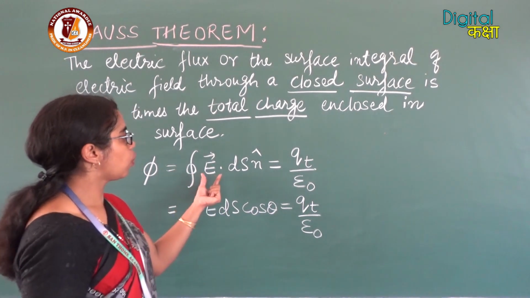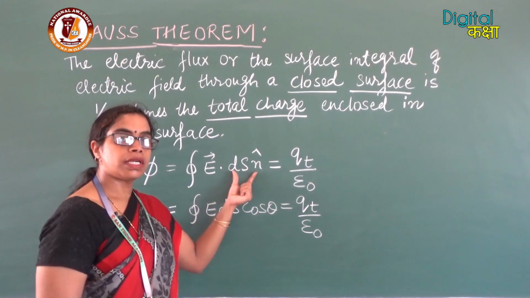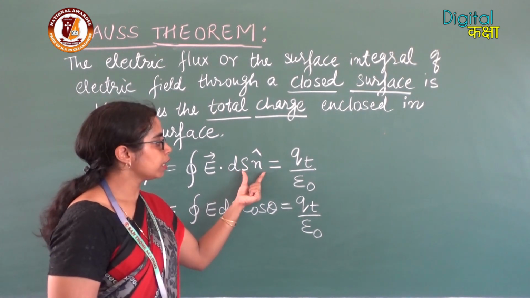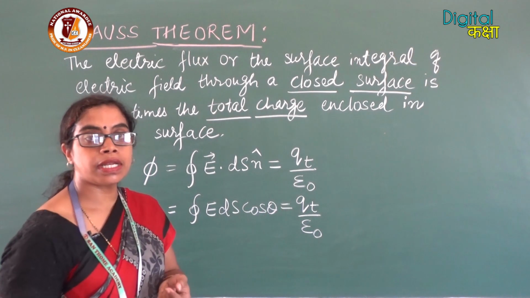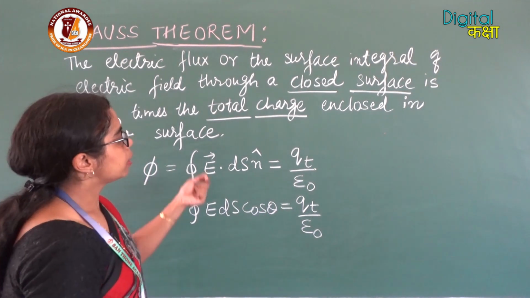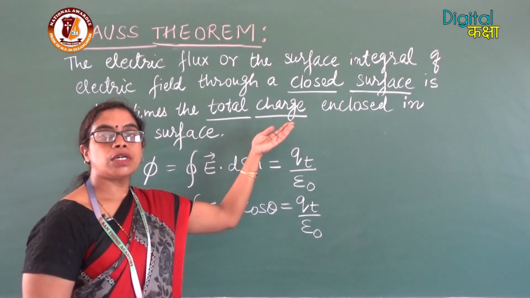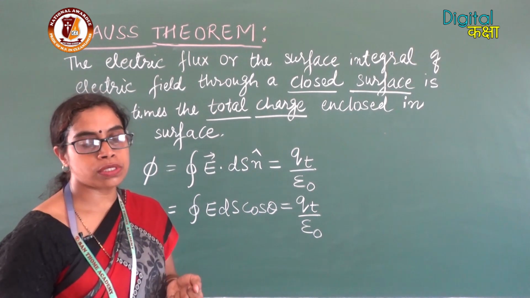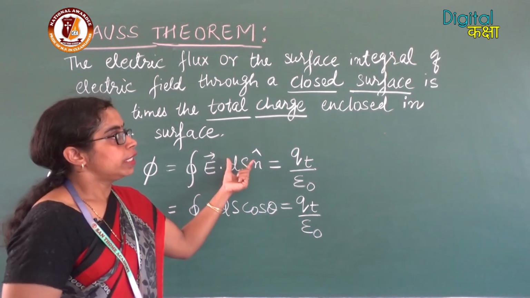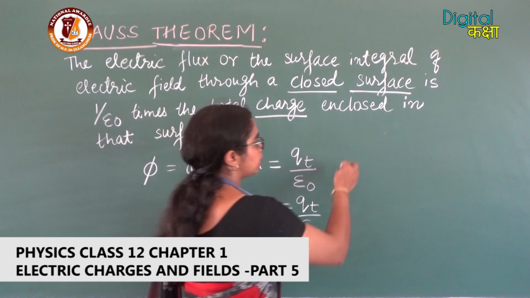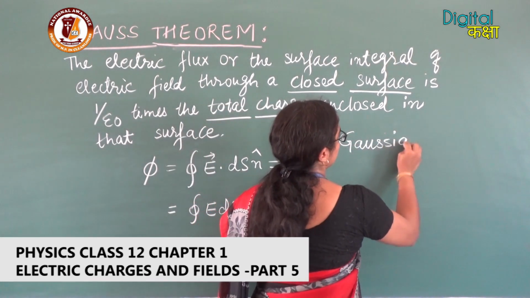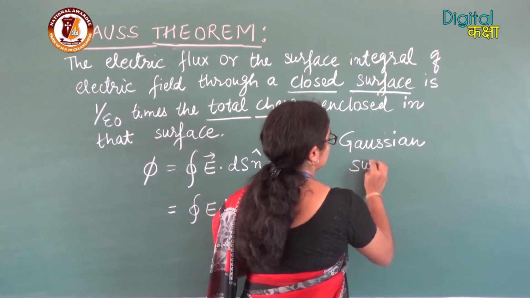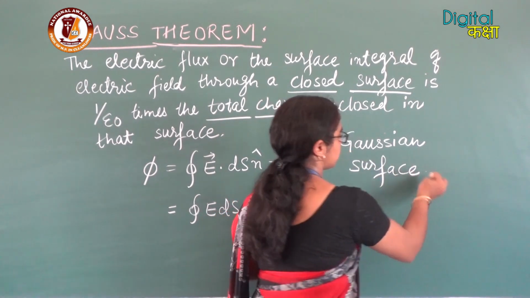So the integration of vector E dot ds into n cap is equal to qt upon epsilon naught, where this qt is representing the total charge enclosed in that surface. This closed surface is defined by Gauss and hence is called the Gaussian surface.